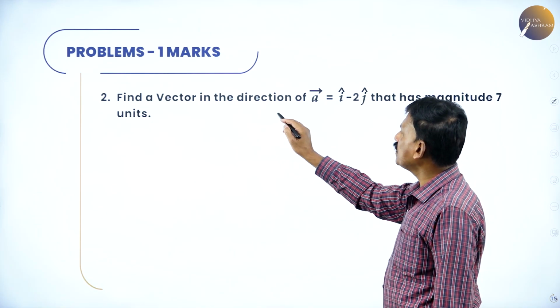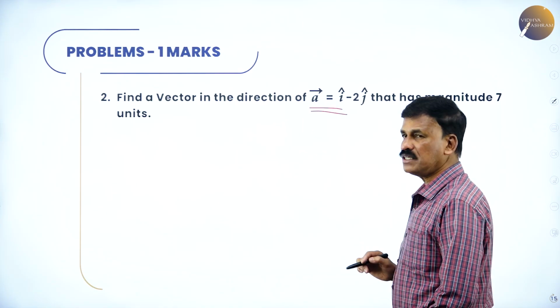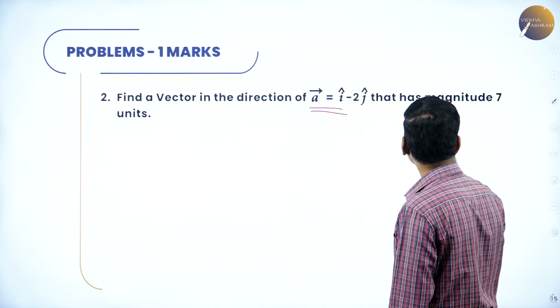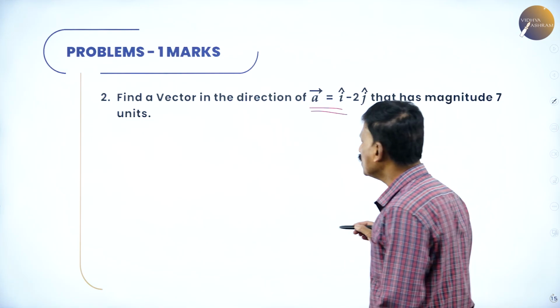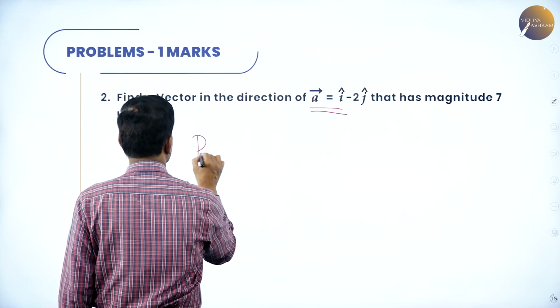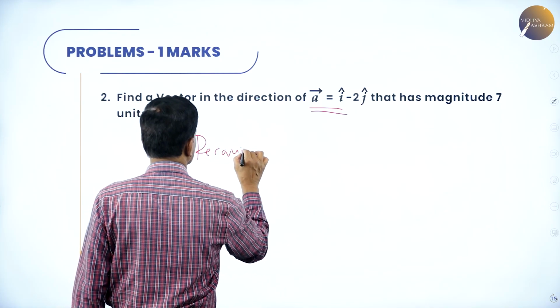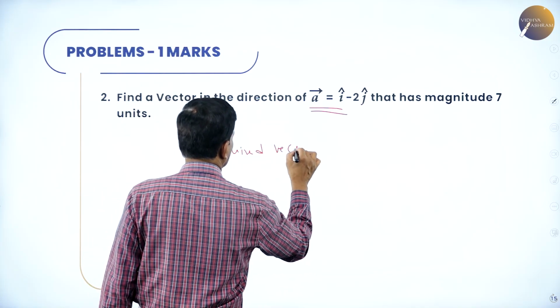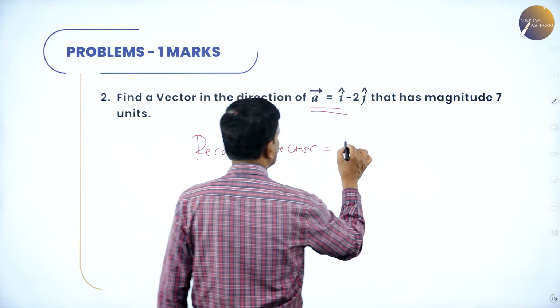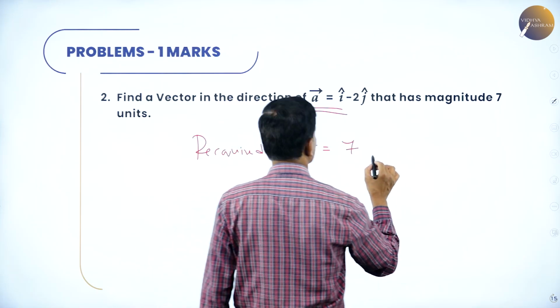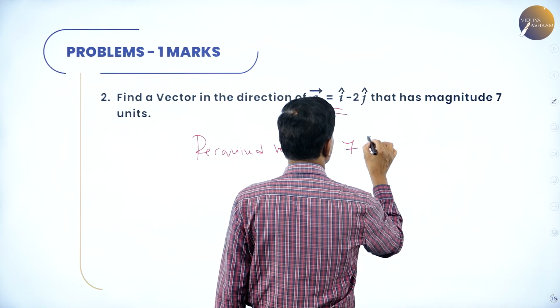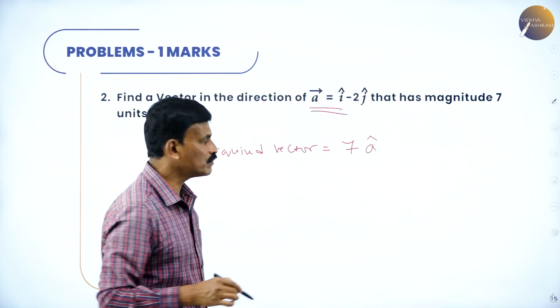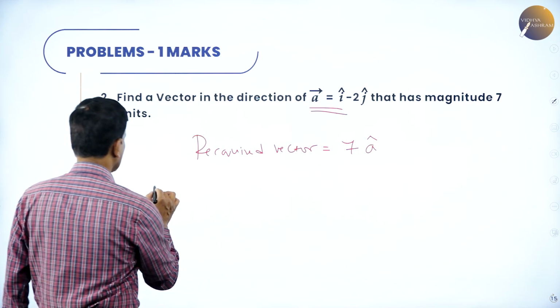Find the vector in the direction of vector a, i minus 2j, that has a magnitude of 7 units. So, therefore, the required vector is equal to 7 times the unit vector, that is nothing but a cap. So, find out what a cap is.